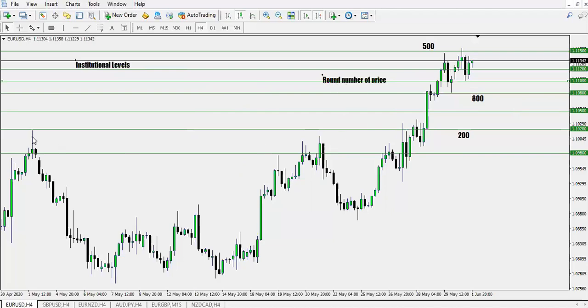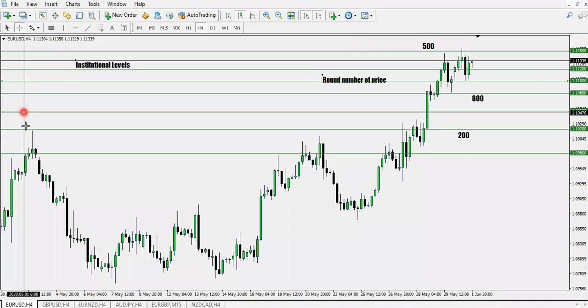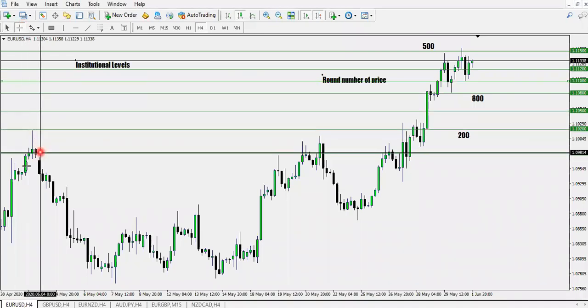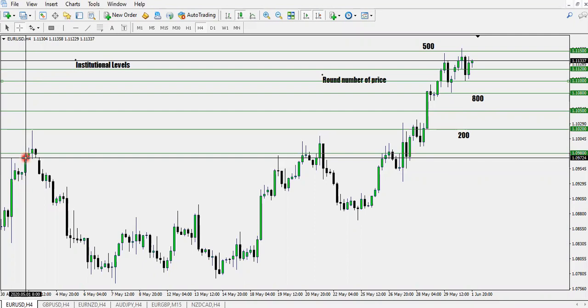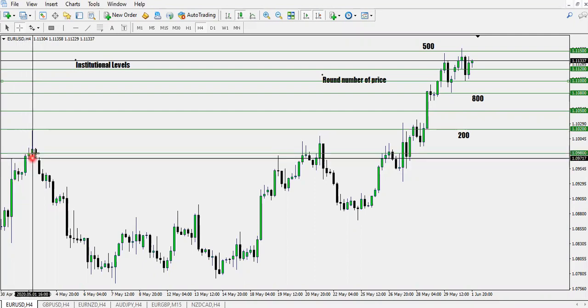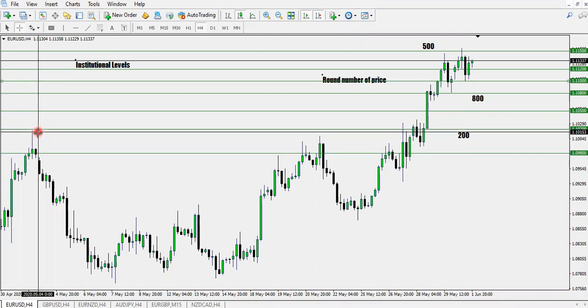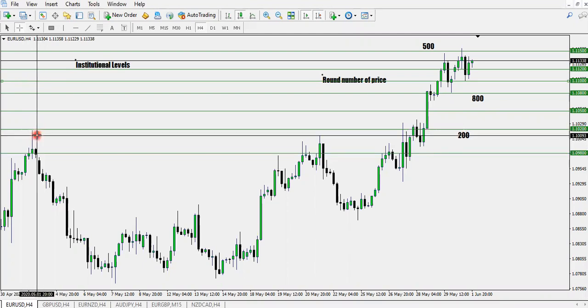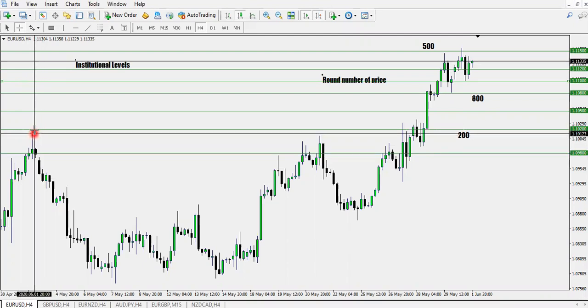If you pay attention to the chart here, let's just start on the side over here. Price basically came up into our 1.09800 level and rejected the 1.1020 level.